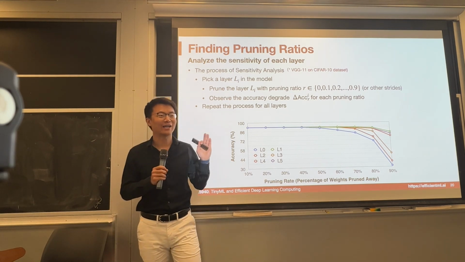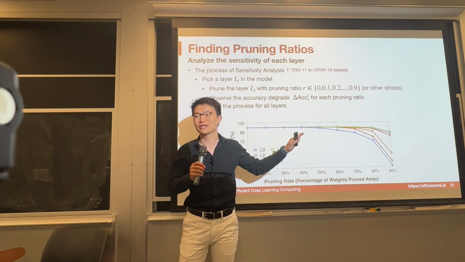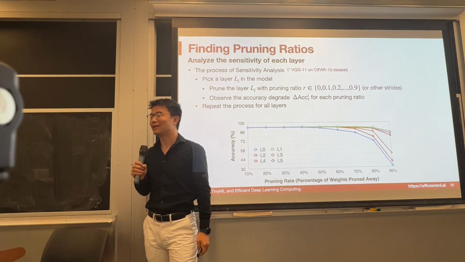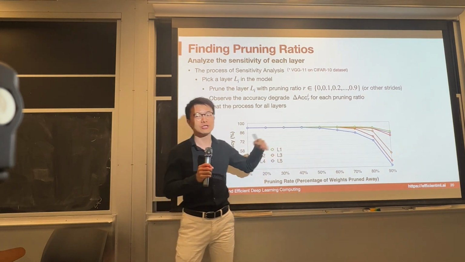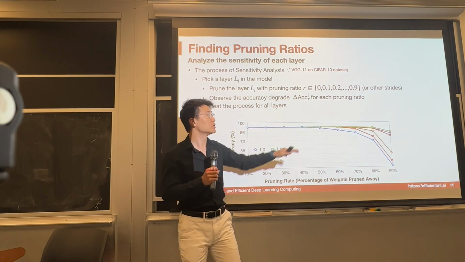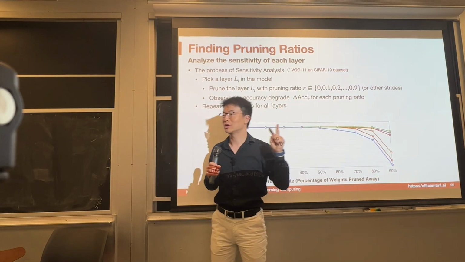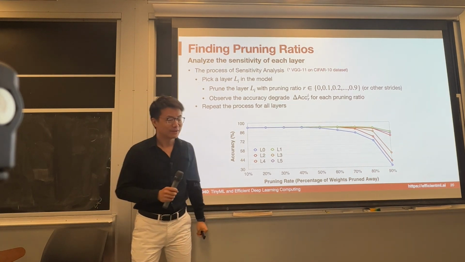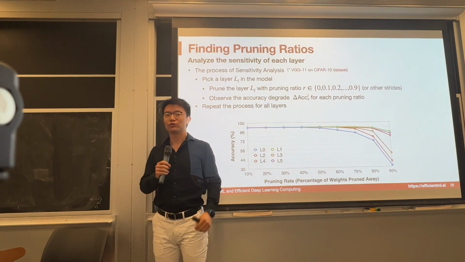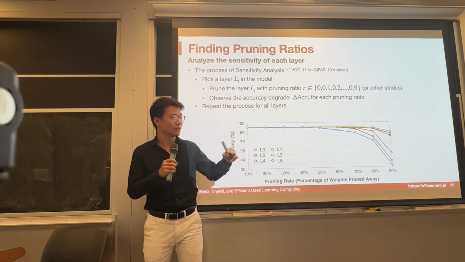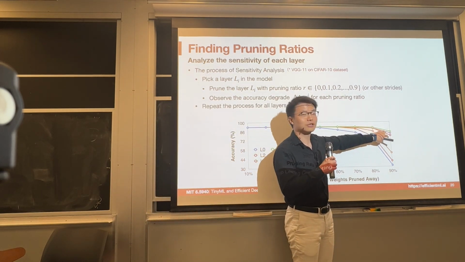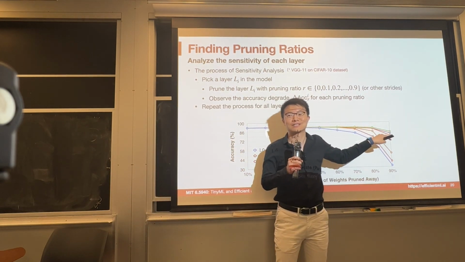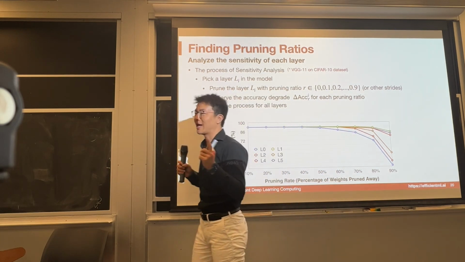So that's one catch. Here we are assuming different layers operate independently and do not interfere with each other. So each time we are pruning just one particular layer. However, they might interact with each other. If you prune away layer 1 by 50%, the sensitivity of this green curve may no longer be like this, right? So that's one catch.